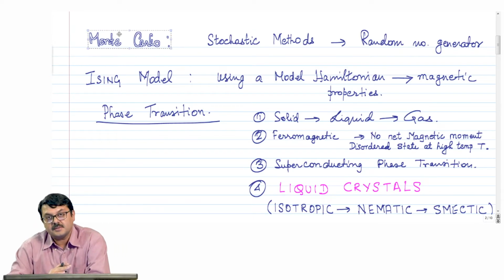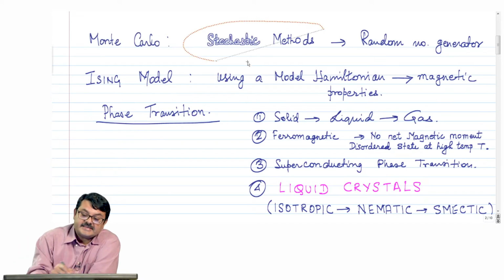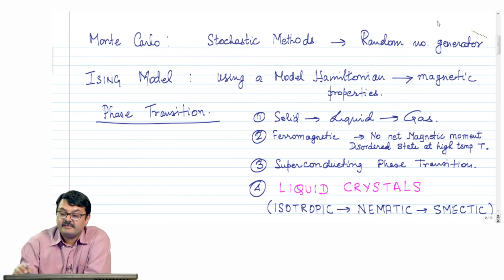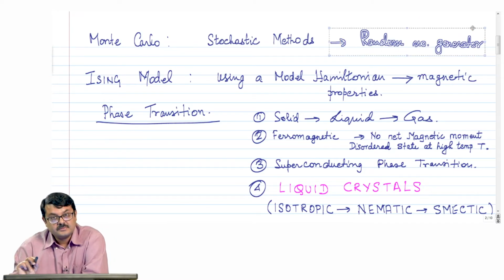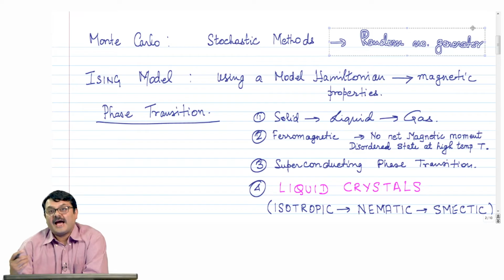Now, even in the first or the second module, you know that the Monte Carlo method is essentially solving a problem using a stochastic method. So, basically there will be a random number generator. Even in our Monte Carlo simulations, we shall use a random number generator to access different microstates of the system.